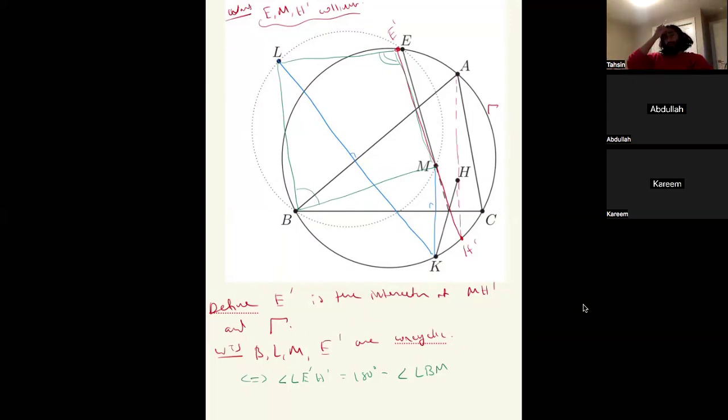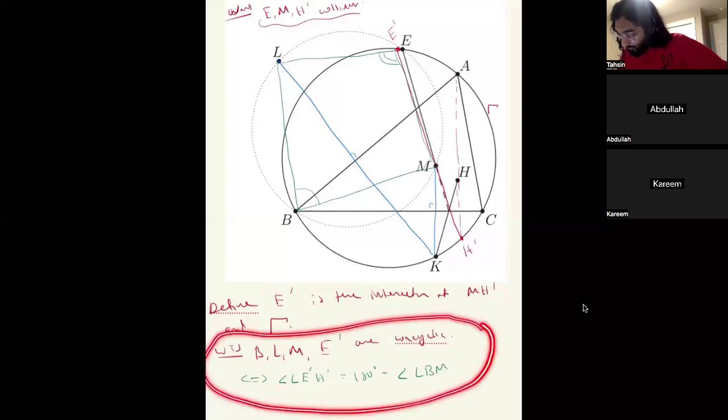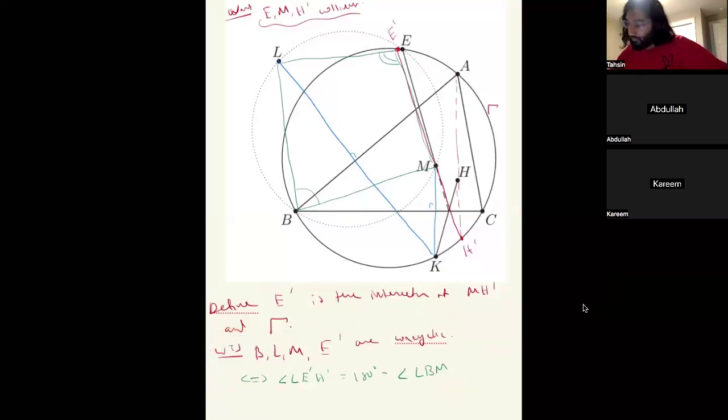So if you want to show this, forget about this dotted circle, it doesn't exist anymore, and E really doesn't exist. All you have is B, L, M and E prime. There are a lot of ways to show they are concyclic.